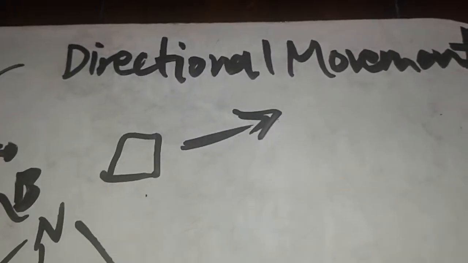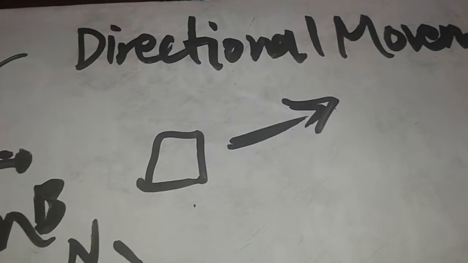We'll talk more about that later, but for directional movement, we just need to know where an object is moving to. So we have a field, it's moving in a certain direction. So it's not pointing somewhere, it's moving at that area.